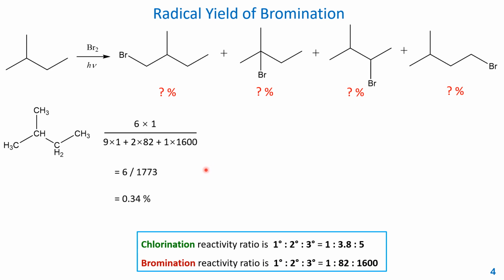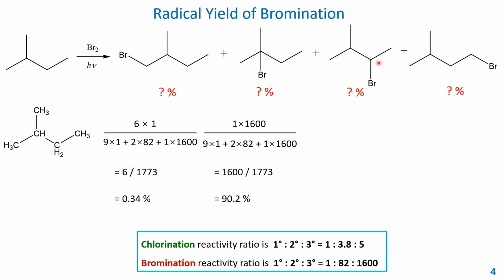Very little. Now for the second product, only this tertiary hydrogen can be replaced. You don't have any other possible hydrogen that can be replaced. So that's only 1 times 1,600 over the same denominator as the first calculation. I will just do the calculation, and that's 90.2%. Very high percentage.